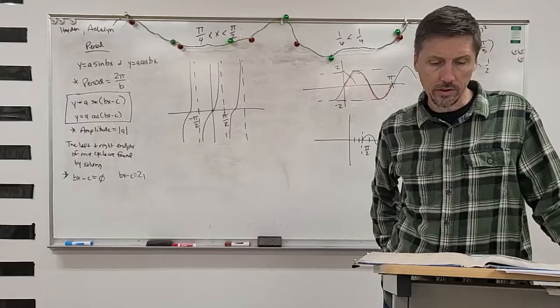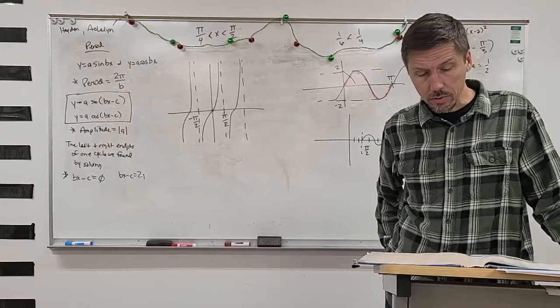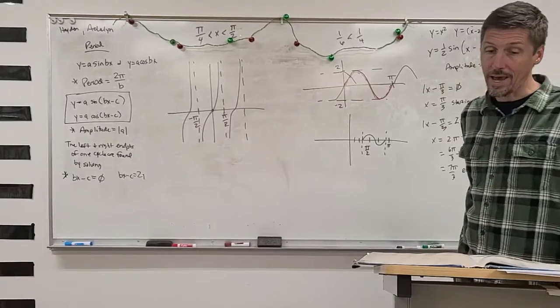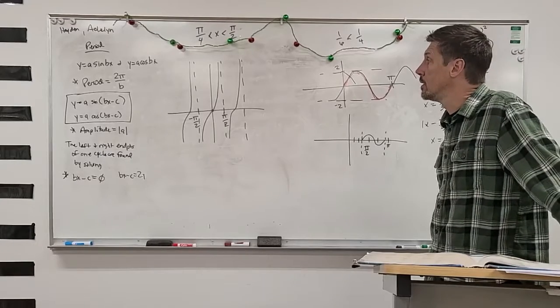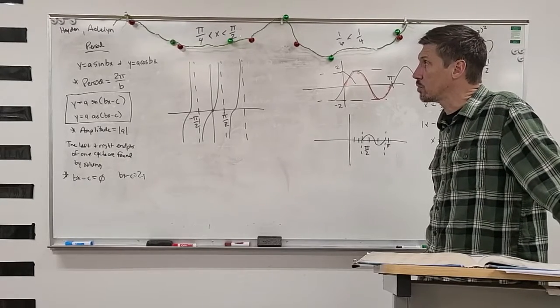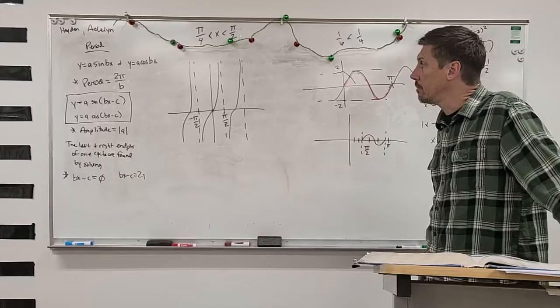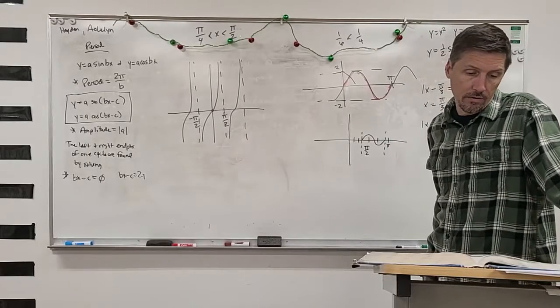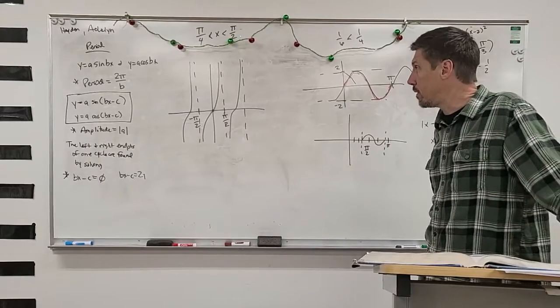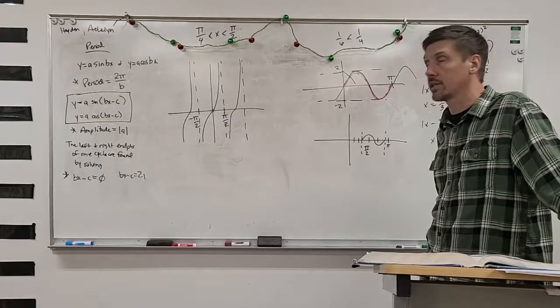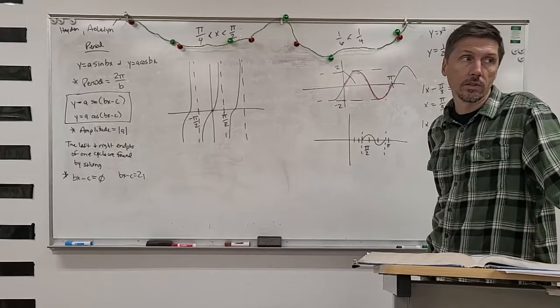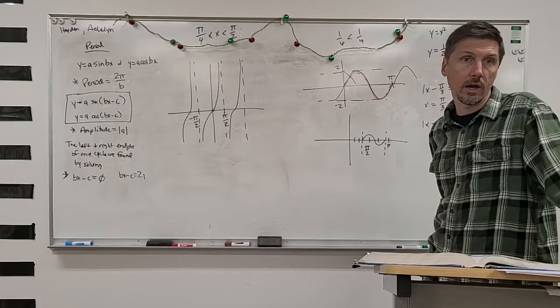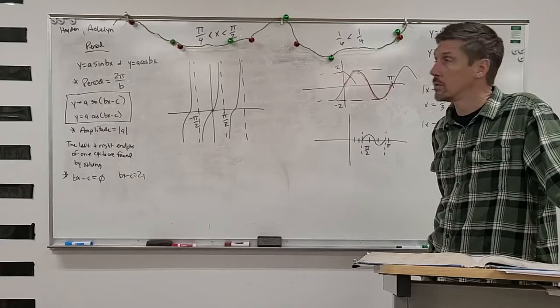Example 1, where they say it's tangent of x over 2, which is the same as tangent 1/2 x. Right, so b becomes 1/2, and the period for tangent is what? If you look at the graph that I drew on the board, it's not 2 pi like it is with sine and cosine. How often does it repeat itself?